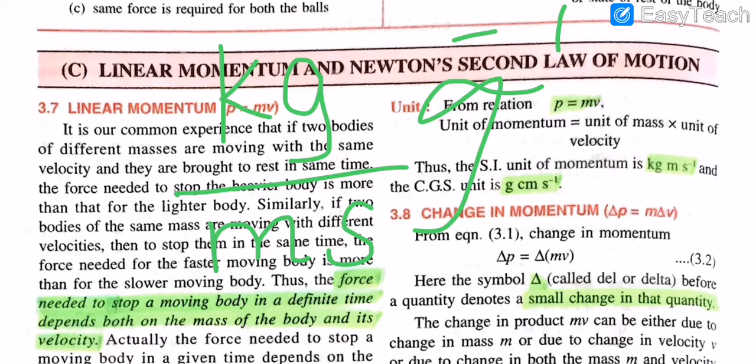From equation 3.1, change in momentum equals, this triangle symbol is basically called del or delta. Before a quantity, it denotes a small change in that quantity, and the change in product mv can be either due to the change in mass m, or due to the change in velocity v, or due to the change in both mass and velocity.